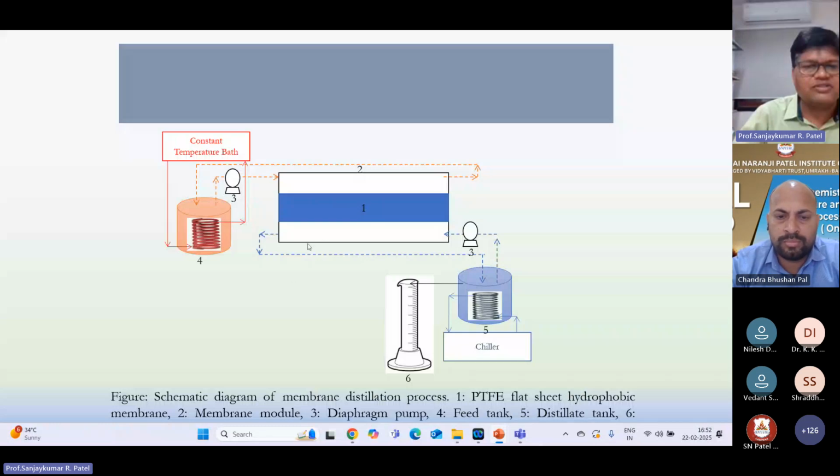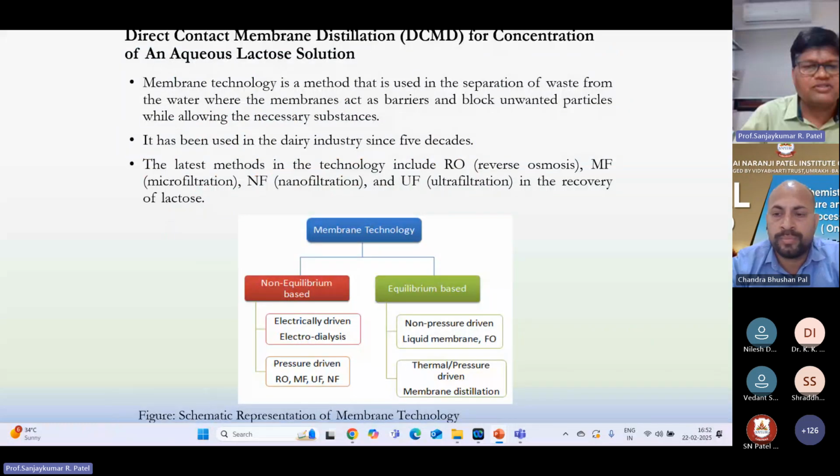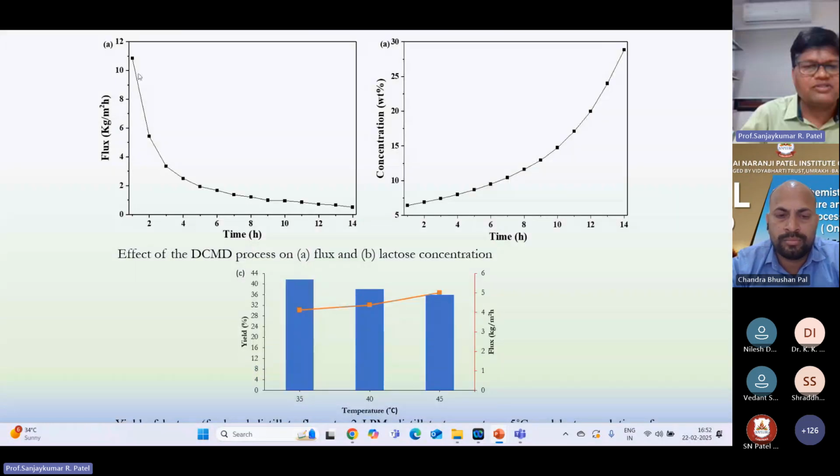We used a PTFE hydrophobic membrane and observed its effect on the change of flux as well as the concentration increment. Over a period of time, permeation decreases and thereafter becomes more or less constant. In the initial one or two hours you will see the higher flux.